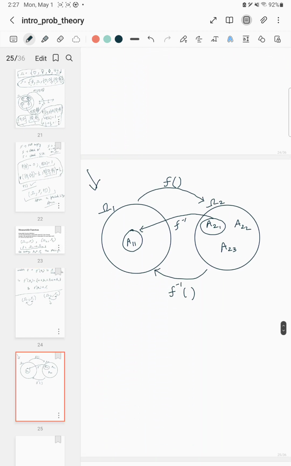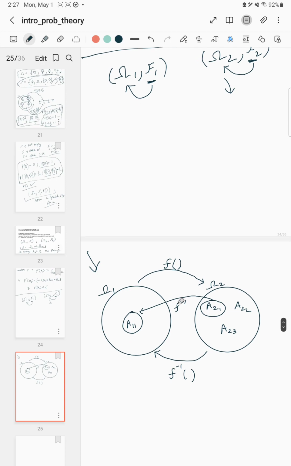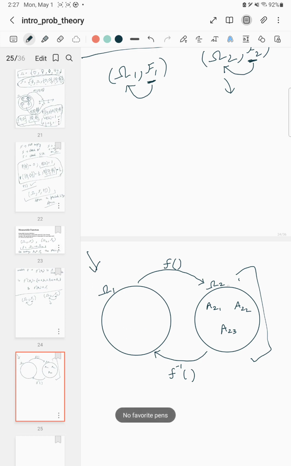Okay, so this is our sample space omega 1 and this is our sample space omega 2, denoted by these two circles. Let's say there are some disjoint sets here. For simplicity, I'm taking disjoint sets, but they could be non-disjoint as well.